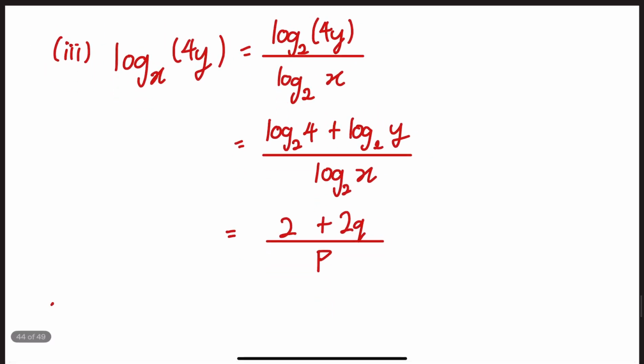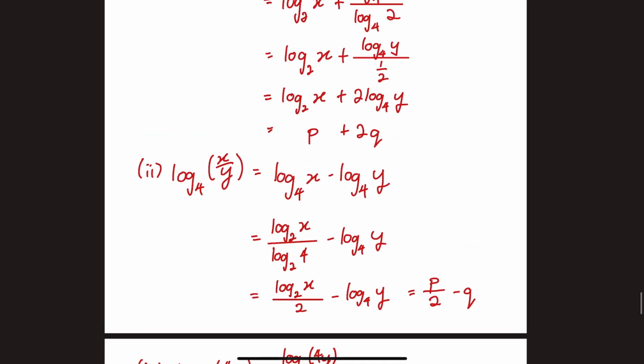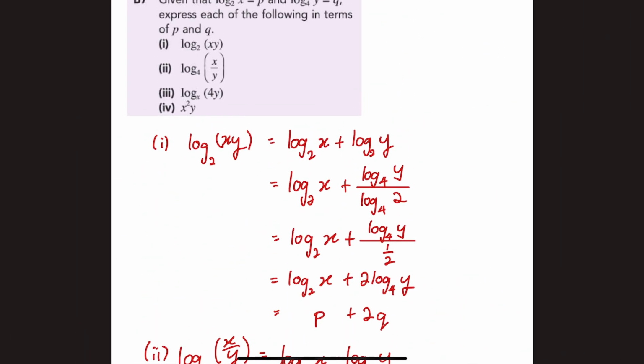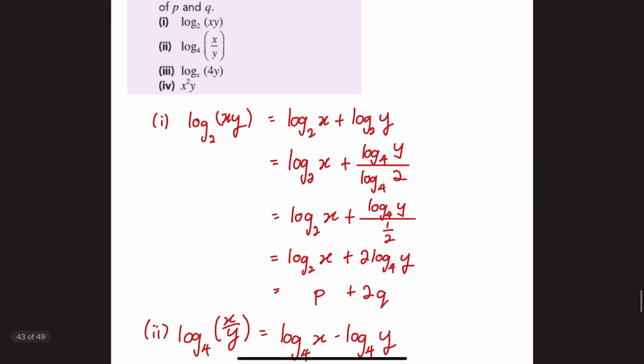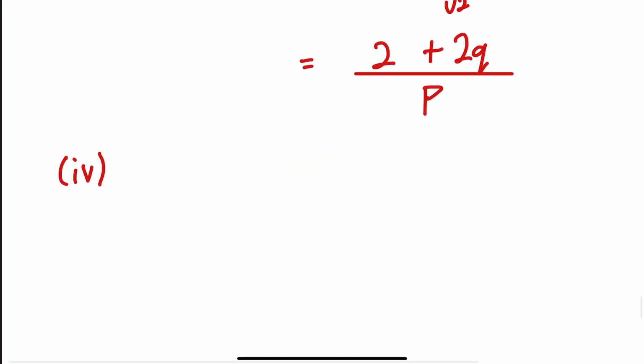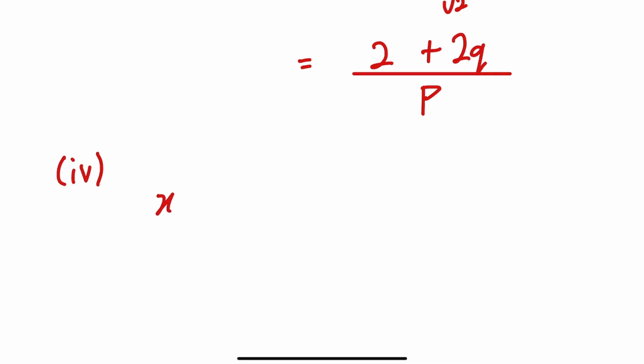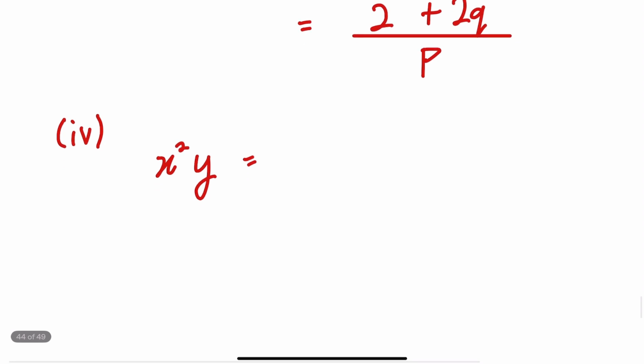Then the last part, part 4. What's the question? Part 4 here, x squared y. I want to find what is x squared y. So over here, I don't know how do I even get this right. So let's start by what the question gives us first.